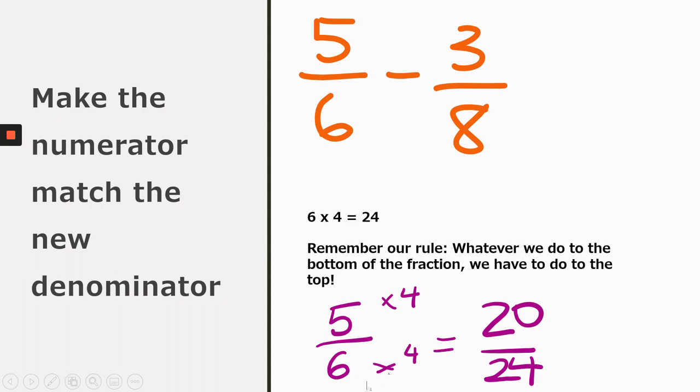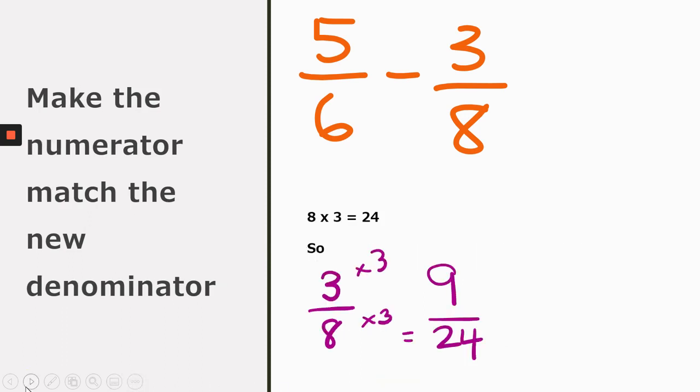So I'm multiplying my 6 by 4 to get my 24, which means I have to multiply my numerator by the same number. So 5 multiplied by 4 will give me 20. So my fraction, which was 5/6, is now 20 24ths.